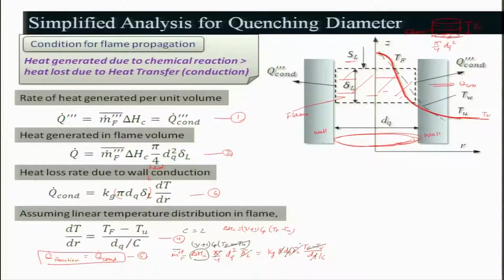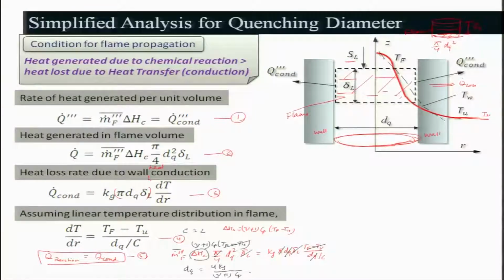So, if you do that, what will you get? You will get basically 4 dq is equal to 4 kg, and you will get 4 kg by nu plus 1 Cp, right, you will get nu by Cp.